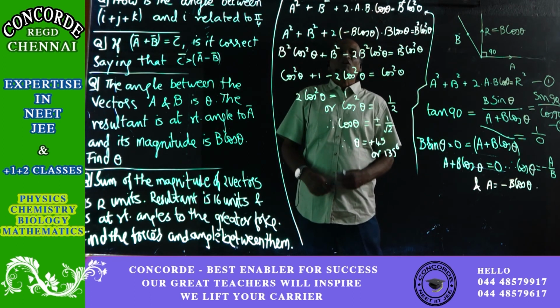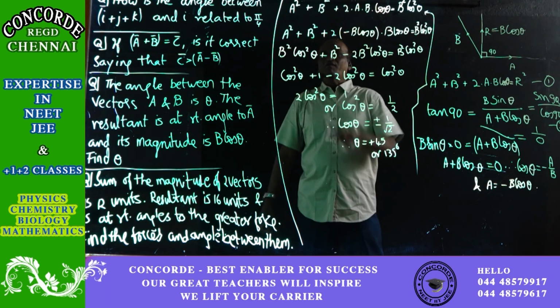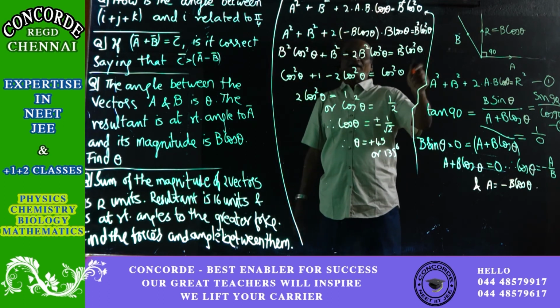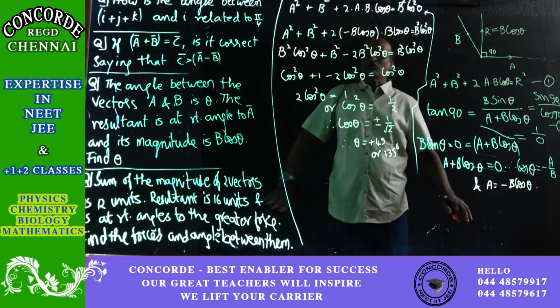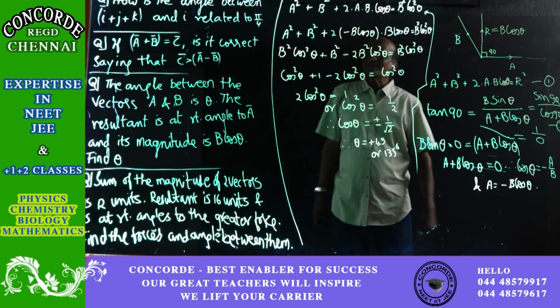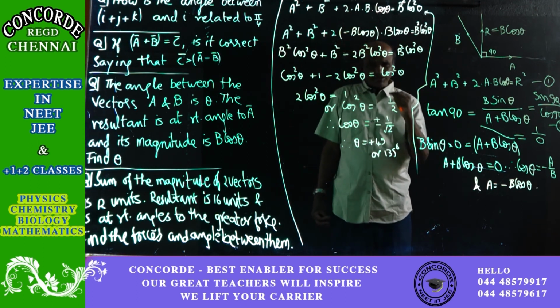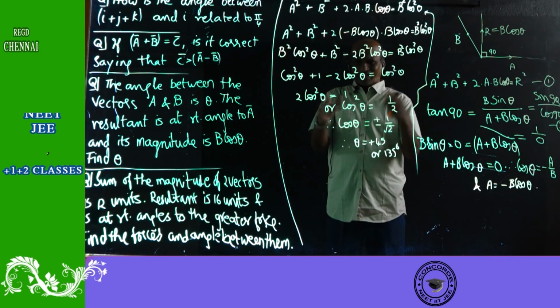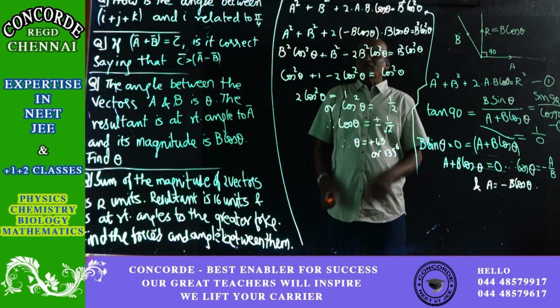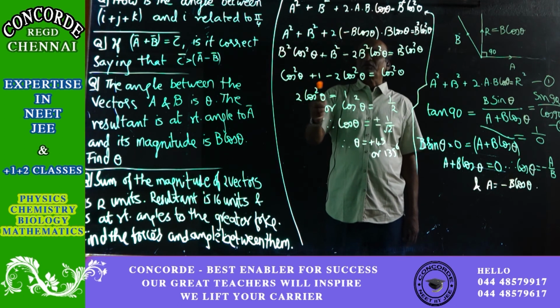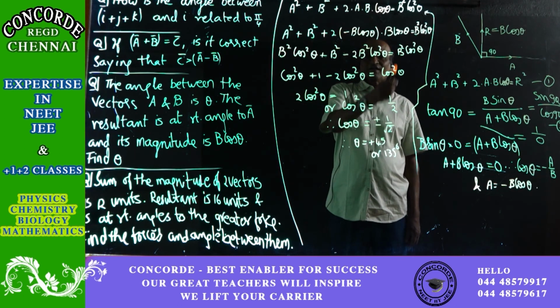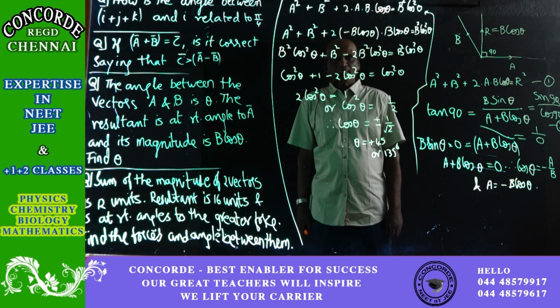Thereafter, what we will now get is that b square cos square theta and b square cos square theta will cancel out both sides. Besides that, what you can also see is that b is common on both sides of the equation, cancel it. The result will be cos square theta plus 1 minus 2 cos square theta is equal to cos square theta.